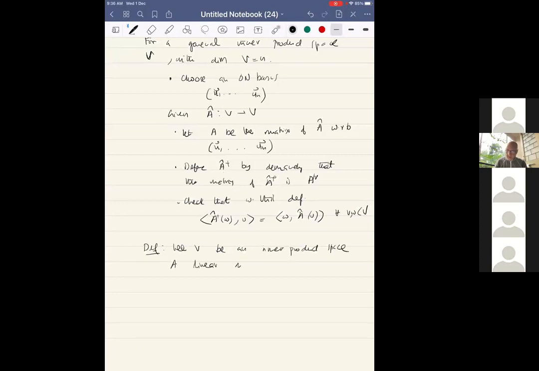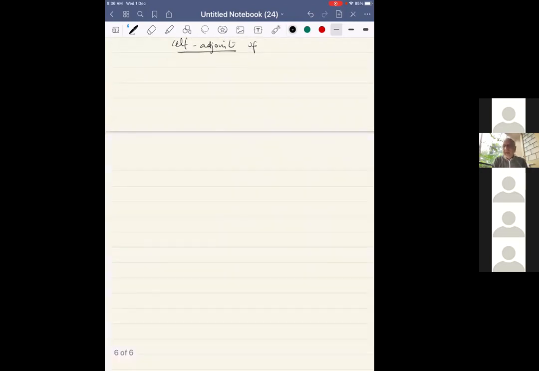A linear map A hat from V to V is self-adjoint if, well, guess what it should be. For every A hat, I have defined its adjoint, A hat dagger. So what is the natural notion of a linear map being self-adjoint? Yeah, if A hat dagger is A hat.